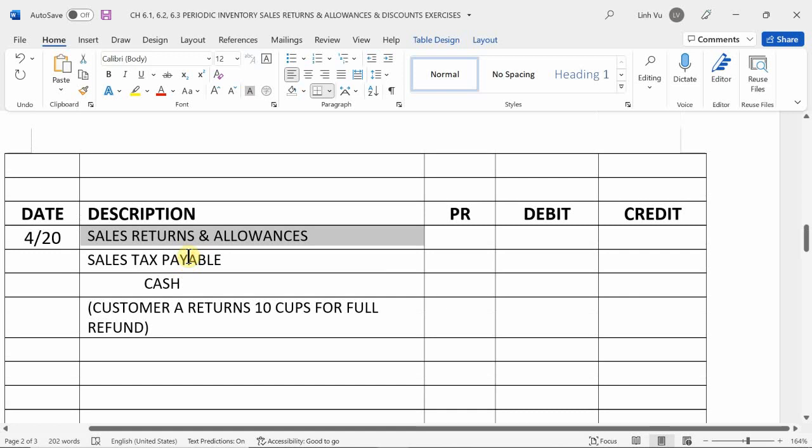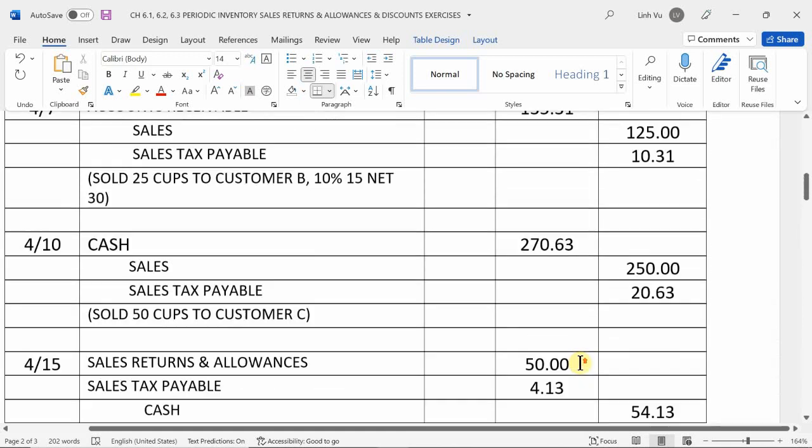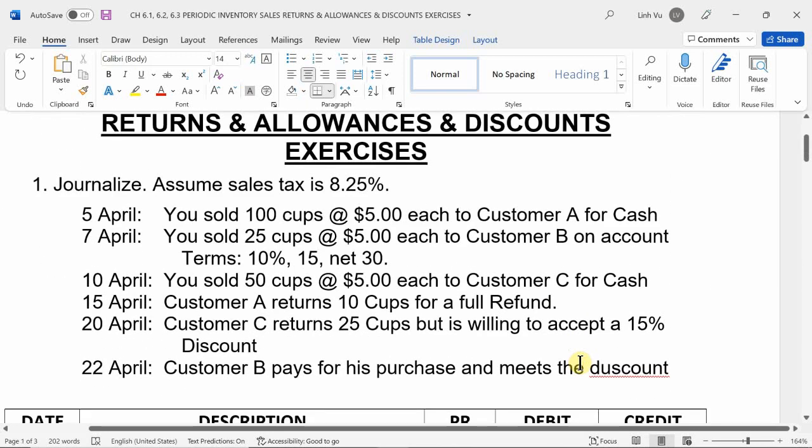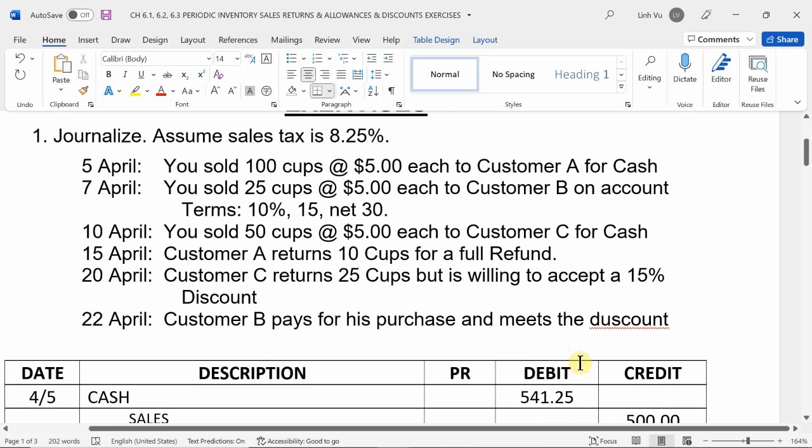And since they also paid in cash, we are using the cash account for credit. Good. So in this case, what would be the total allowance here? If they're returning 25 cups but only getting a 15% discount back, how much is the allowance going to be?